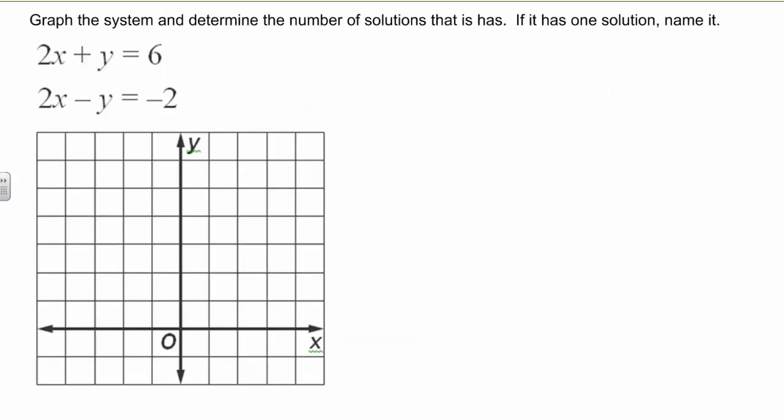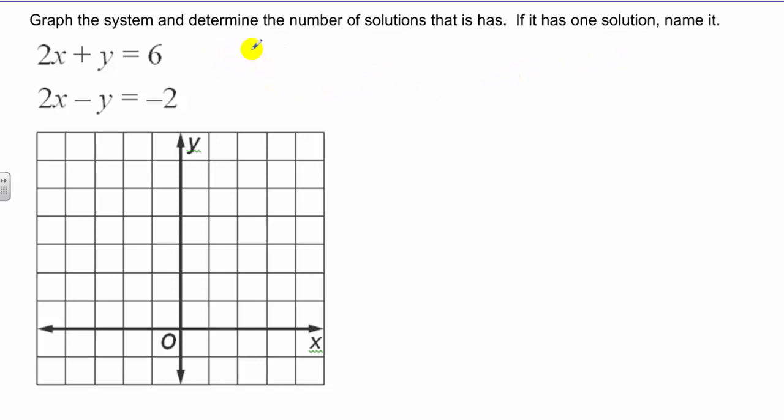Now we're going to actually find some intersections by graphing, and you'll probably need some graph paper to do this fairly accurately and find the exact intersections. You'll at least have to know how to do it accurately on a test or a quiz with graph paper provided. So they want me to graph the system and determine the number of solutions it has, and once I've done that, we're going to name the solution if it has any.